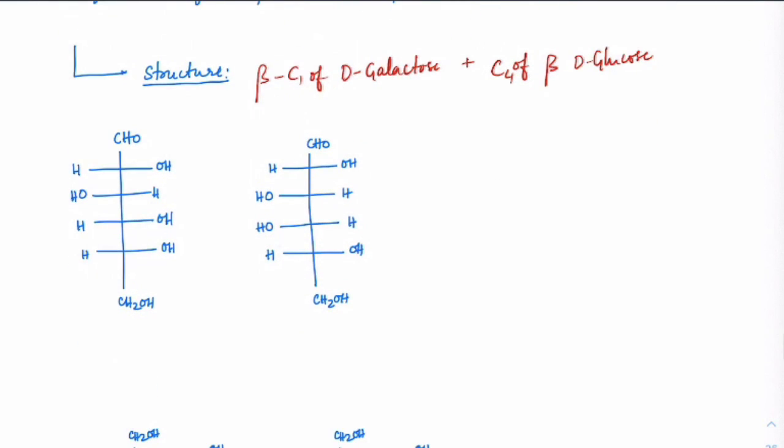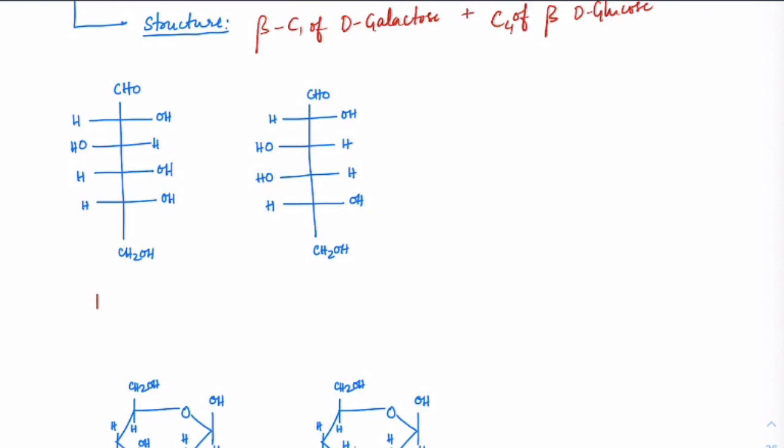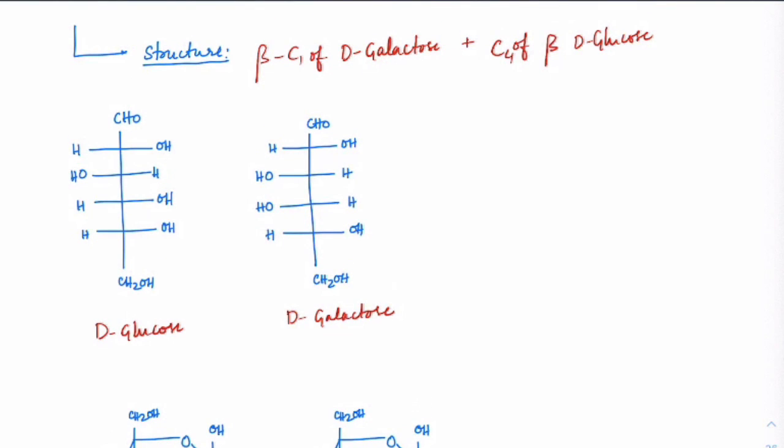First let me show you what D-glucose and D-galactose are. This is D-glucose, check out the structure, and this is D-galactose. Structurally everything is the same except on this carbon, which means these are epimers of each other. Which carbon is it? It is the fourth carbon.